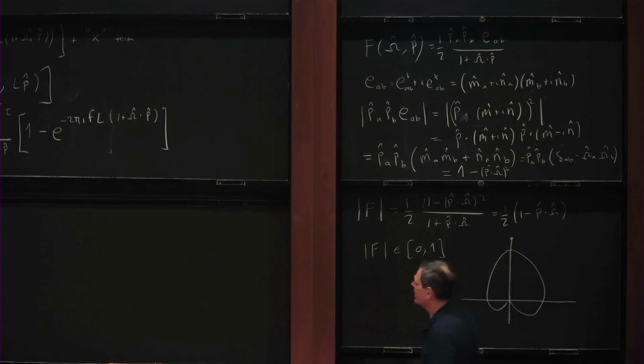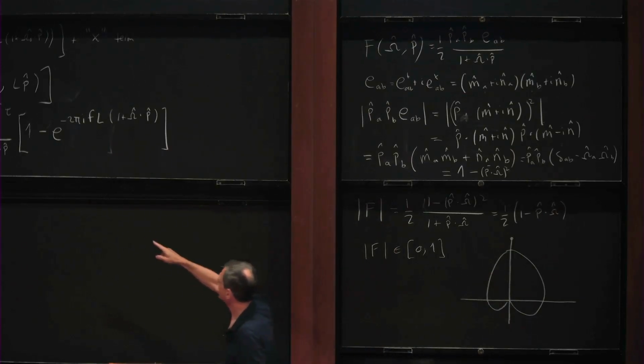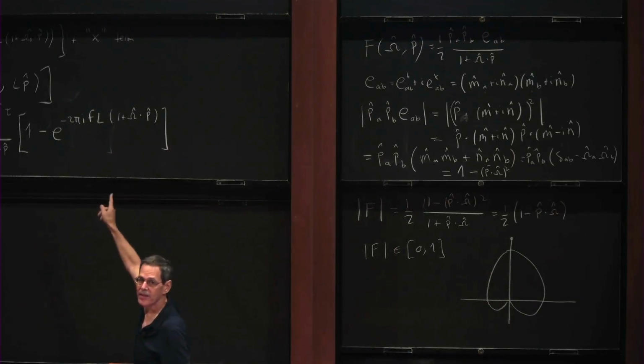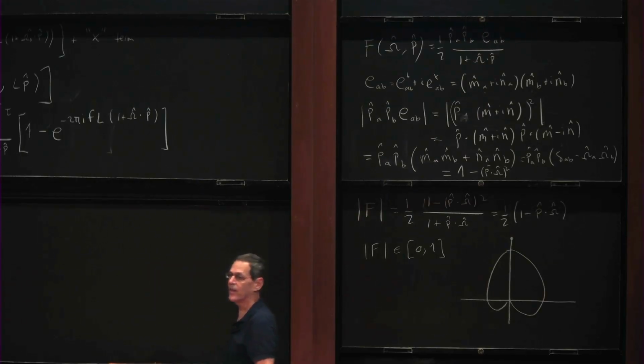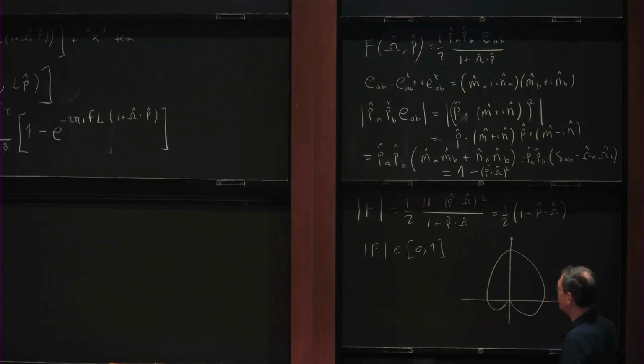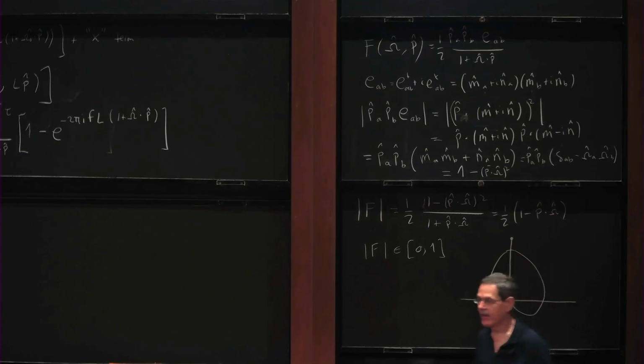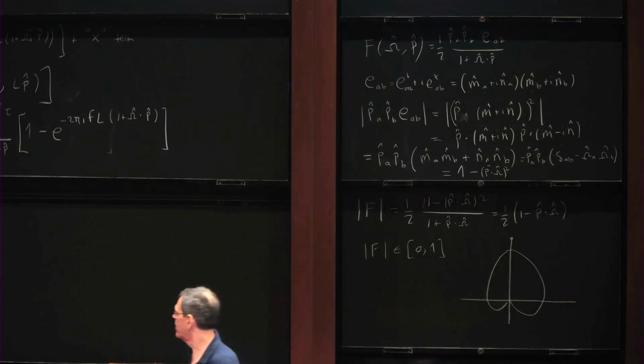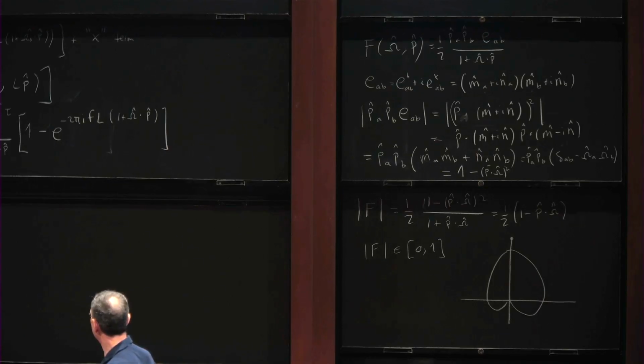Now, what about this interference term? The difference between the Earth and the pulsar term. Well, what's the effect of that? It's the following. Sir, I have a question. Yeah. So what would happen with the denominator, 1 plus omega hat dot p hat?